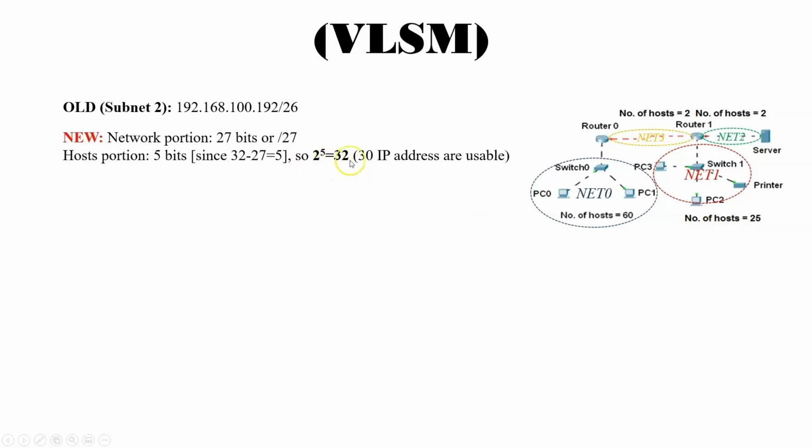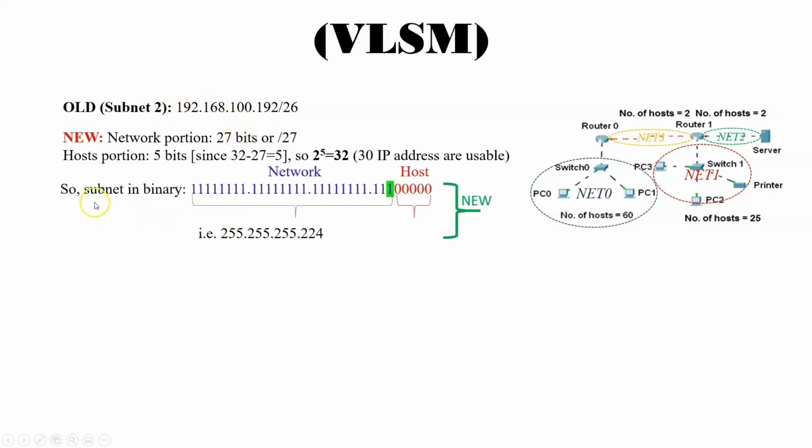So we will provide 30 IP addresses for this network net1, which needs 25 IP addresses, by borrowing 1 bit and creating new subnets from this already existing subnet 2. Does it make sense?